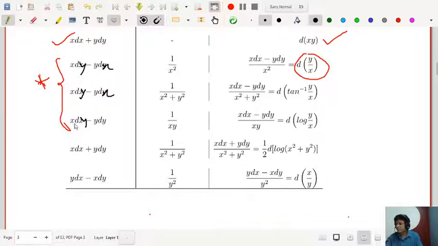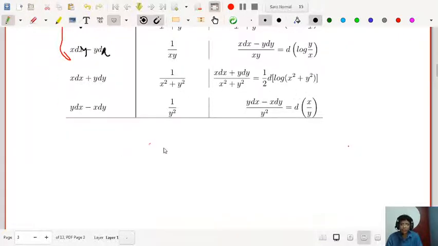So that is a printing mistake. So it is x dy minus y dx. Let's change this, so this will be x dy minus y dx.